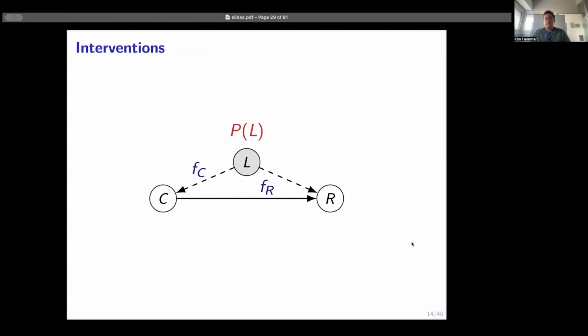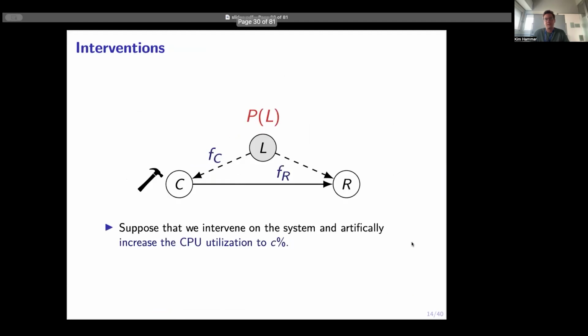And suppose now that we want to intervene on this system to control the CPU utilization. And this can be done, for example, by starting a compute-intensive script in the background or dropping some service requests to reduce the utilization. And if we control the CPU utilization, that means that the CPU is actually no longer dependent on the load because we are controlling it.